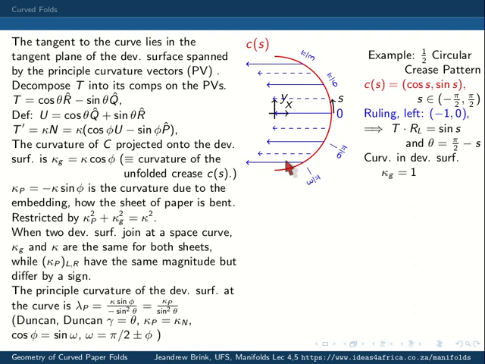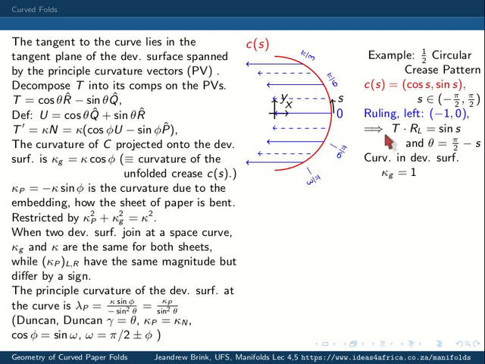So we can work out kappa. We can't, you still need kappa b. Yeah, but we have kappa g is kappa cos phi. Okay, but we don't have a phi. You don't have a phi yet. Yeah. Okay. All I know is that this is the power of the curvature of the unfolded crease. This kappa g you can get just from the flat picture.